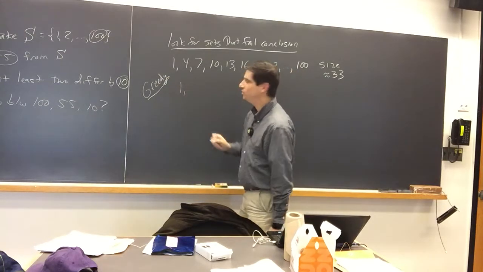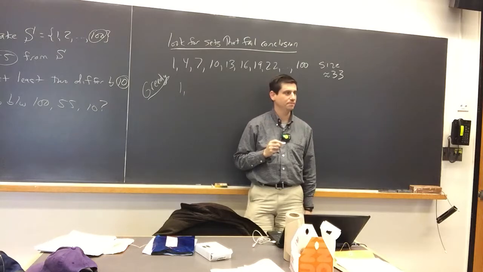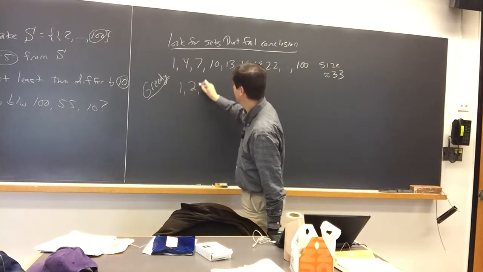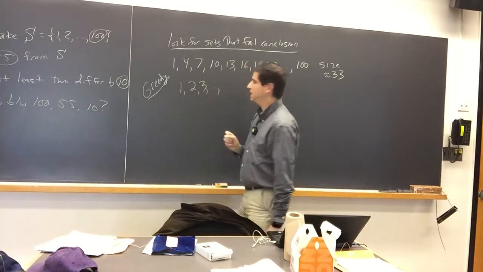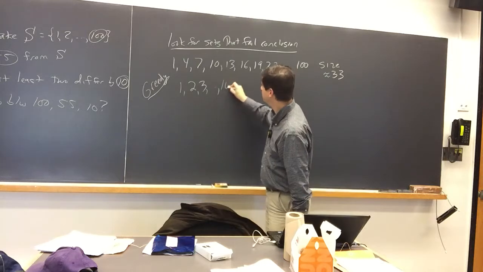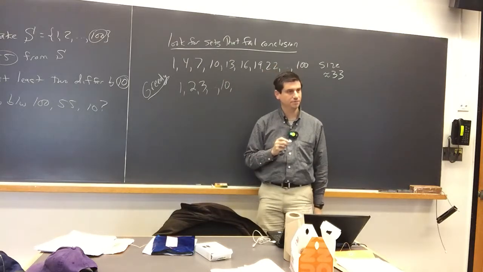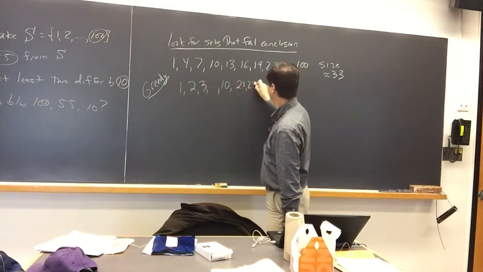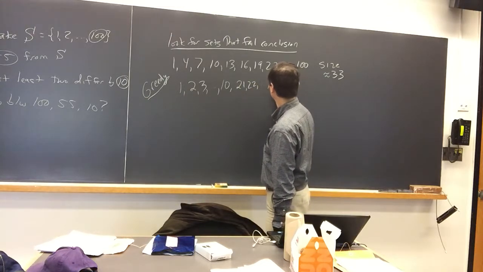So what could we add after 1? We could add 2. And then we could add 3. What's the last number we can add greedily? 10. What's the next number we add after 10? 21. 22 all the way up to 30.